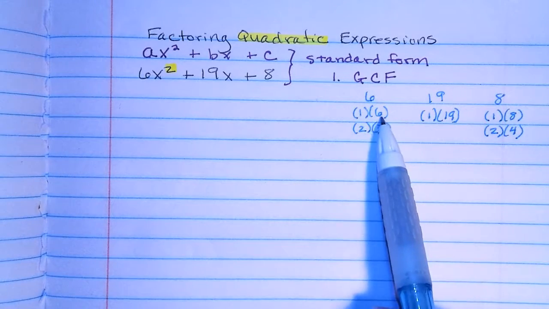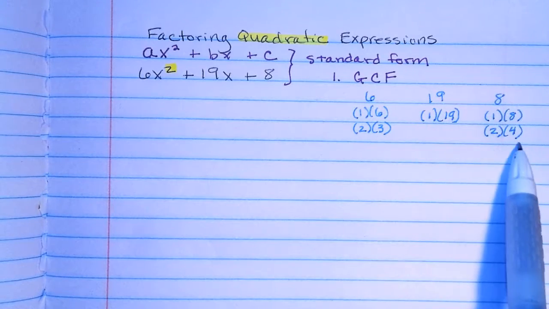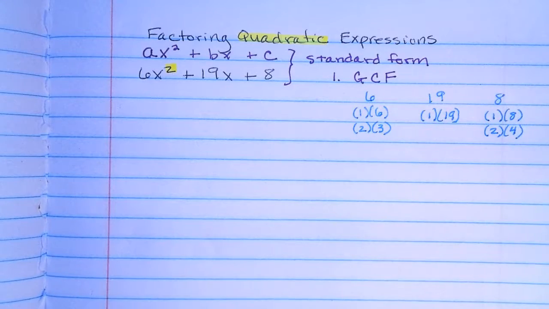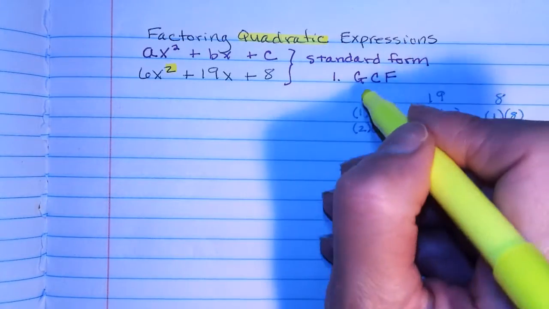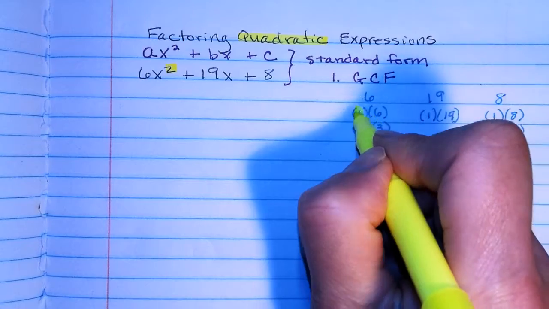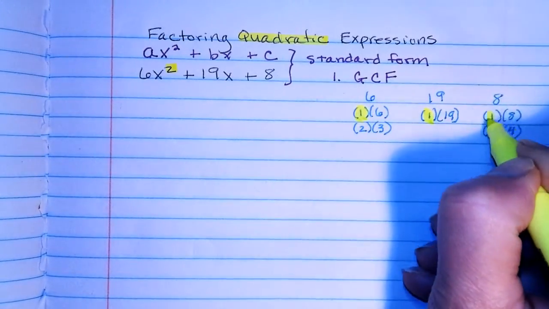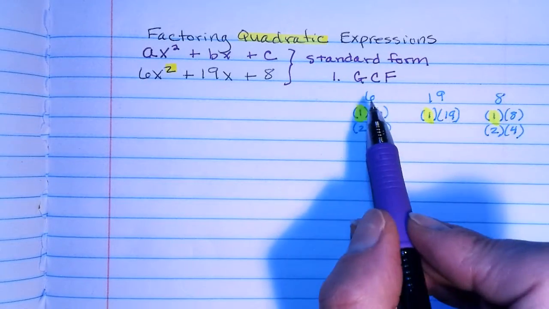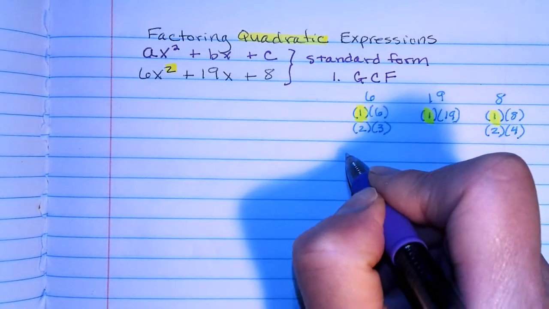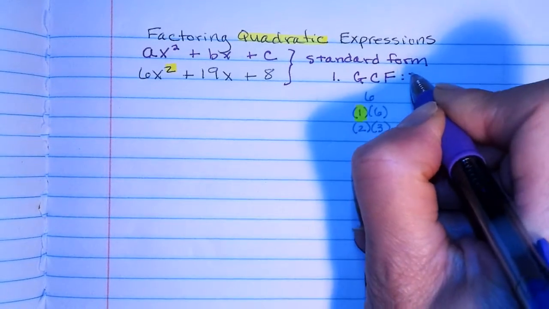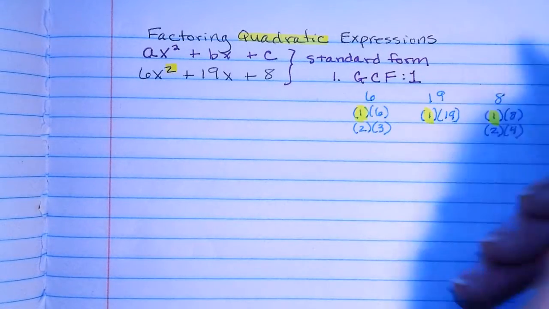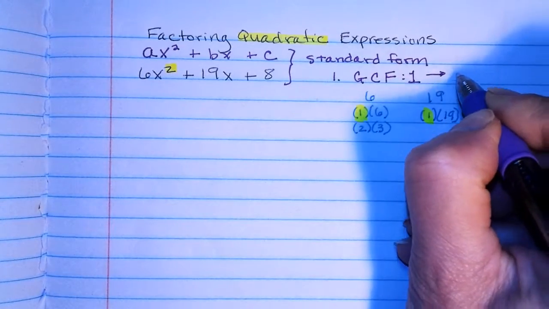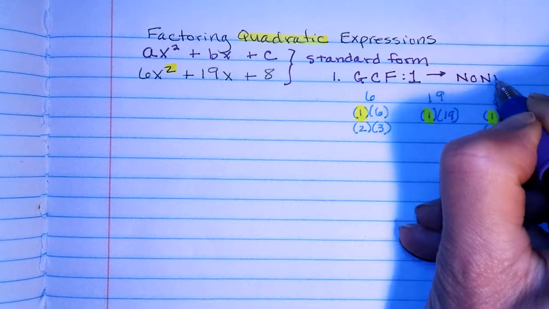So now I want to look for the largest number that they all have in common. And in this case, the only thing they have in common is 1. So in step 1, when my greatest common factor is 1, I say there is none.